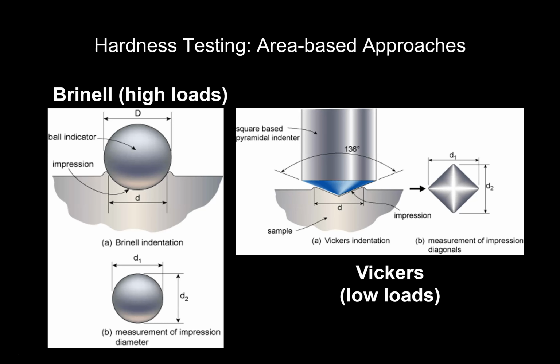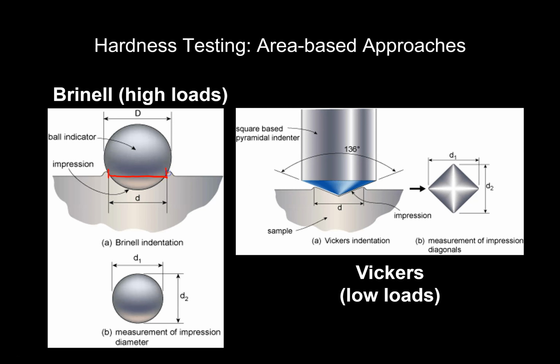In Brinell, we press a hard sphere on the surface of the material, and we measure the size of the indentation, or more precisely the size of the projected area made by the indentation. In this picture, that would be this distance here.